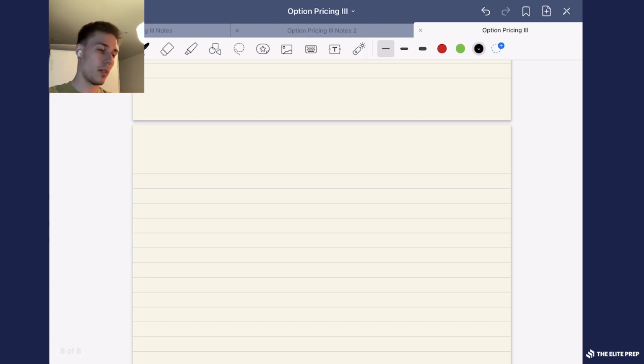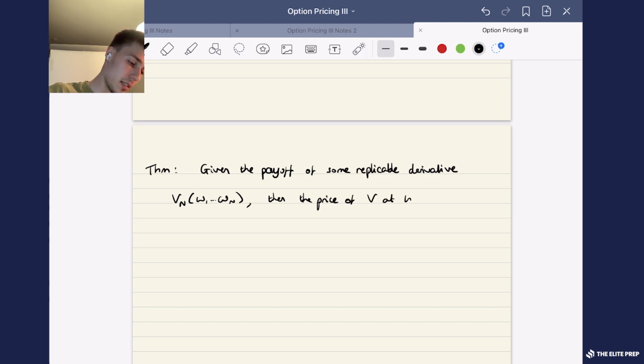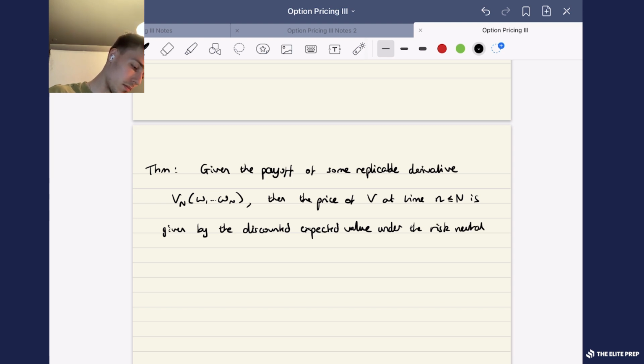So finally, we return to the risk-neutral pricing formula, and the theorem becomes that given the payoff of some replicable derivative, which takes values Vn, omega 1, omega n, then the price of V at time n less than or equal to N is given by the discounted expected value under the risk-neutral measure.